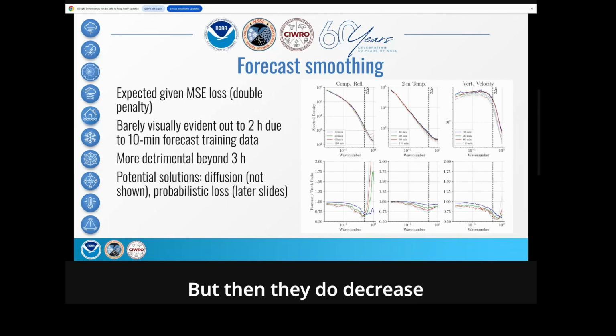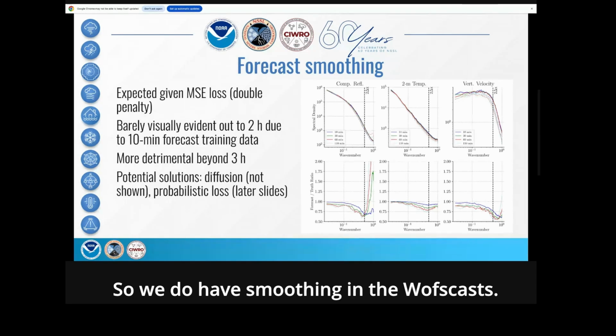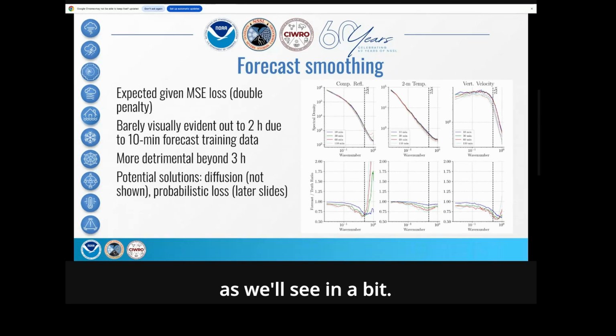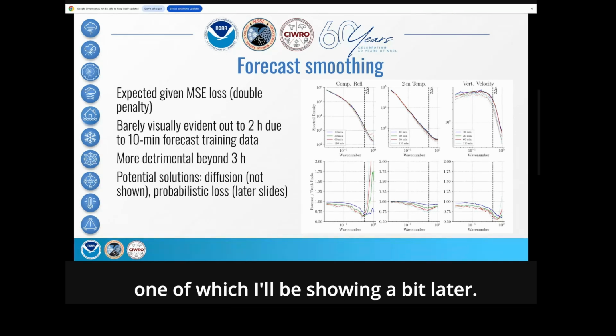But they do decrease as you approach the Nyquist frequency and as you look at later lead times. So we do have smoothing in the WoFSCast. This does become more detrimental at longer lead times, as we'll see in a bit. But there are potential solutions to this, one of which I'll be showing a bit later.